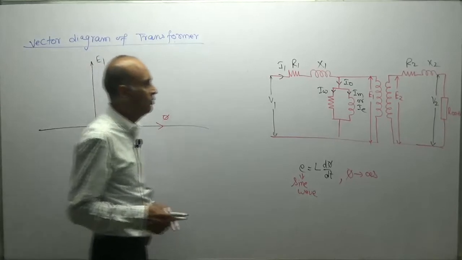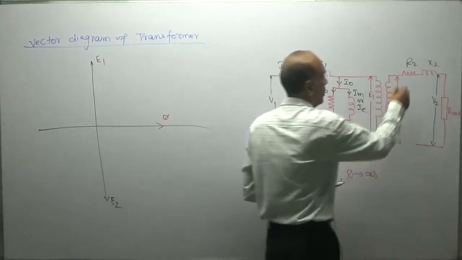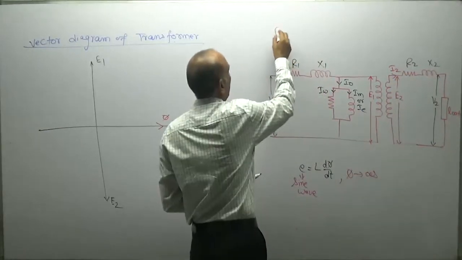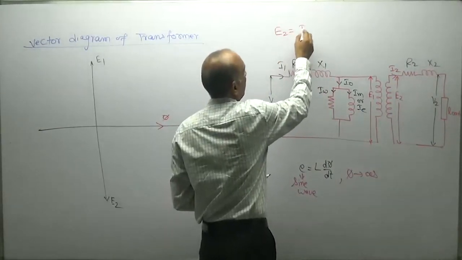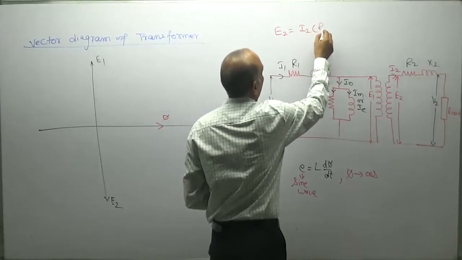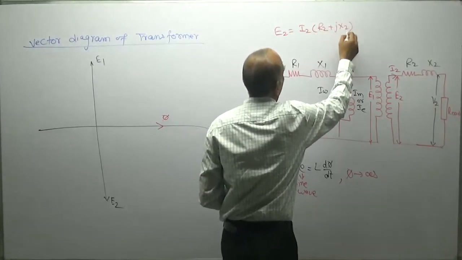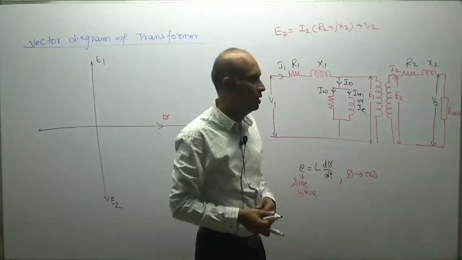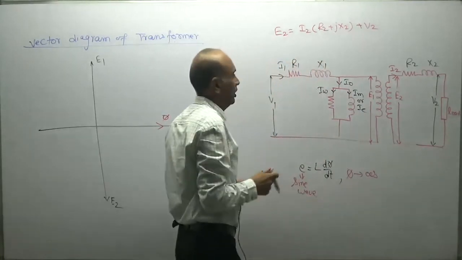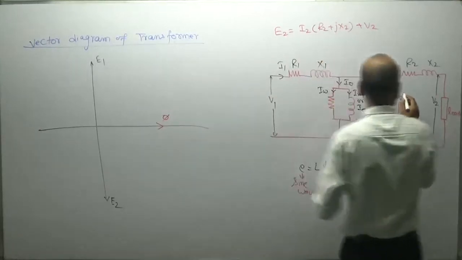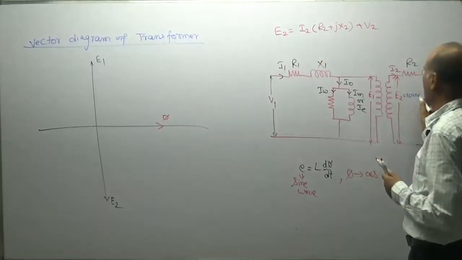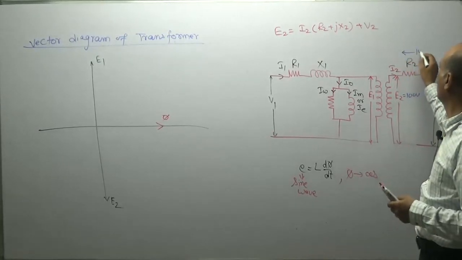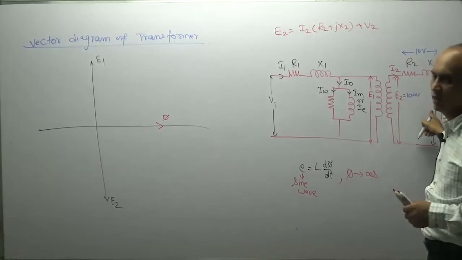And in this diagram you can see it is the current I2. Induced voltage E2 is equal to I2 R2 plus jX2 plus V2. Suppose the induced voltage is 100 volt, and some voltage drop will be there, suppose 10 volt, so terminal voltage will be 90 volt.